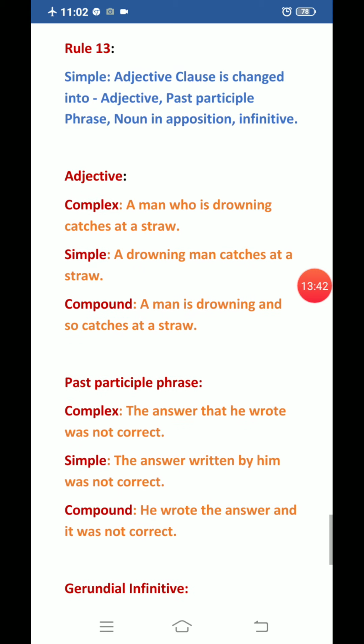Simple: A drowning man catches at a straw. Compound sentence: A man is drowning and so catches at a straw.